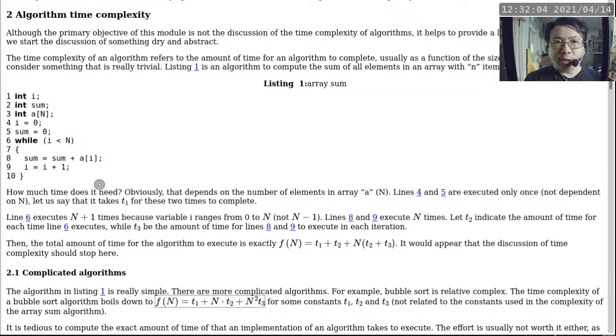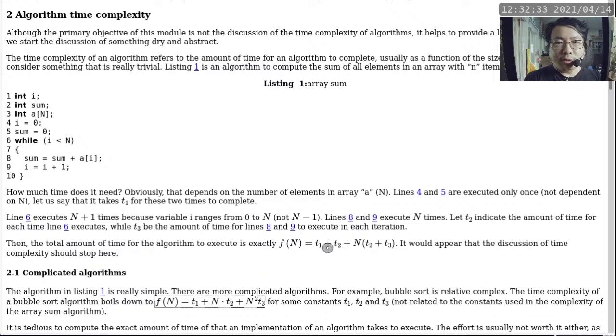T1 is referring to line 4 and line 5. The initialization of i and sum is going to take T1 amount of time. T2, on the other hand, refers to how much time it takes for one single comparison of i versus n. That is T2. And then T3 is referring to the total amount of time taken up by line 8 and line 9.